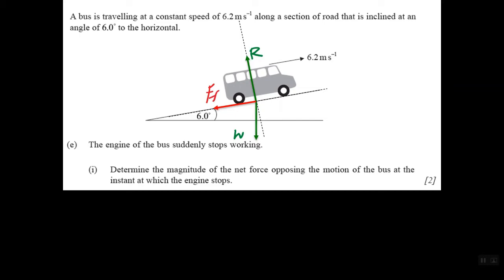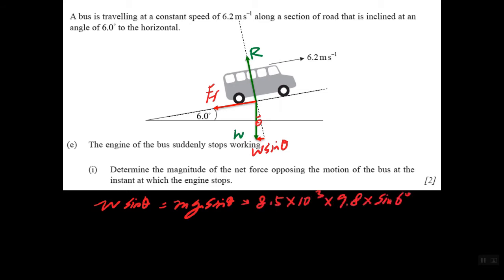We also have the component of the weight down the slope, which is W sine theta. The component of the weight down the slope equals mg sine theta. Mass is 8.5 times 10 to the 3 and acceleration due to gravity is 9.81 sine 6 degree. That gives us 8.7 times 10 to the 3 Newton.